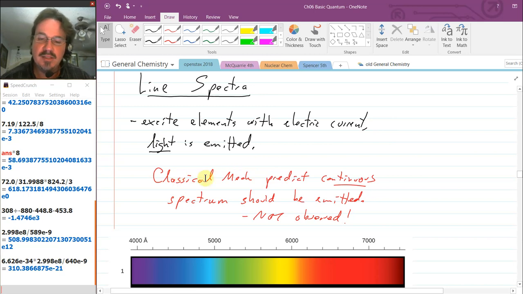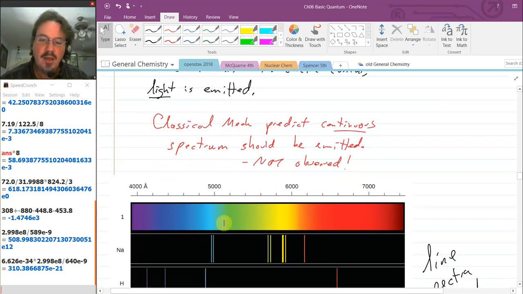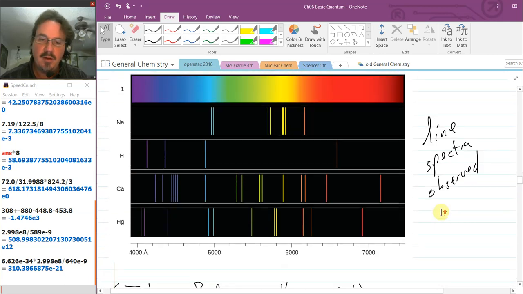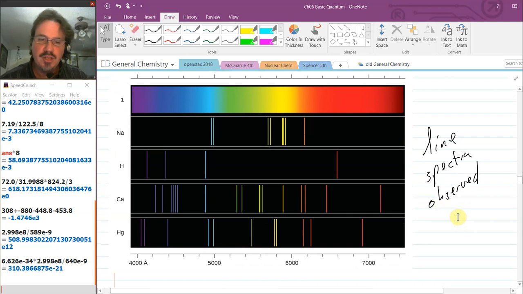Classical mechanics predicts that you should get the full spectrum emitted, because some would be at a low temperature, some at a higher temperature when you shoot the electricity through, and we should see every color of the rainbow, from reds to yellows to greens, the whole thing. That's just not what's seen. And we're going to do this in lab so you can see this yourself.